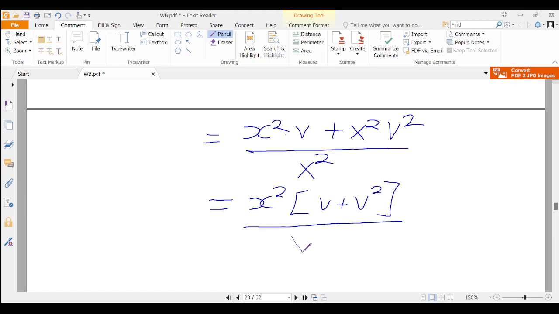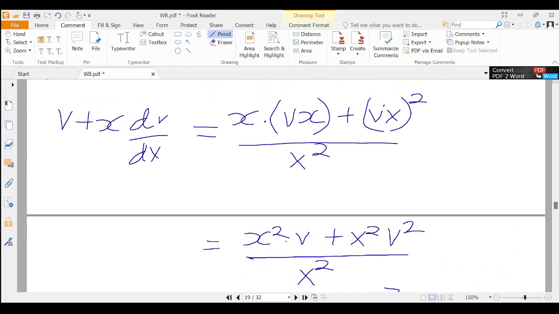Then the denominator is x squared, meaning that we can now divide, and x squared divided by x squared gives us 1. And so as the result, we get v plus v squared.